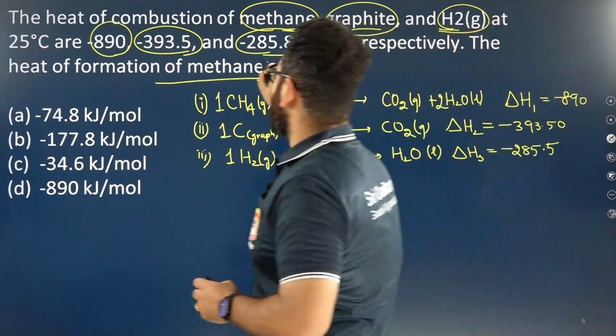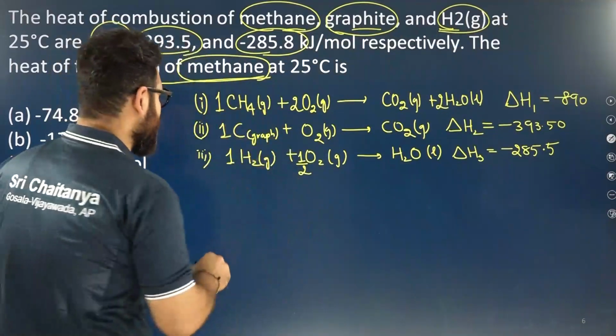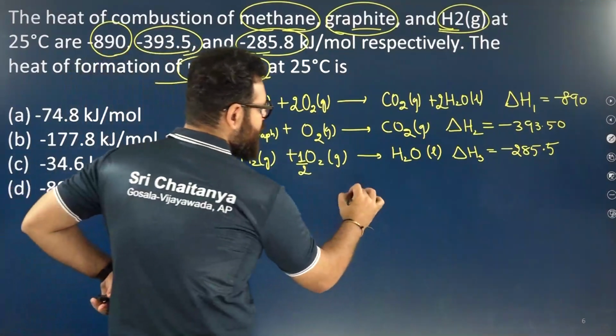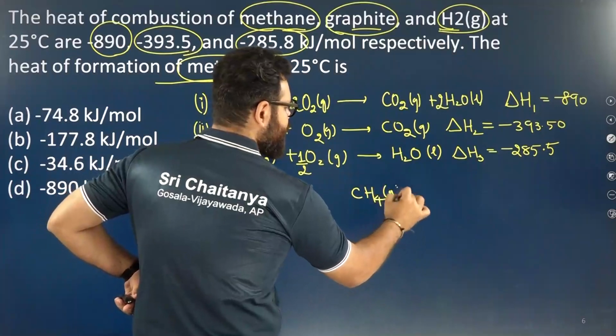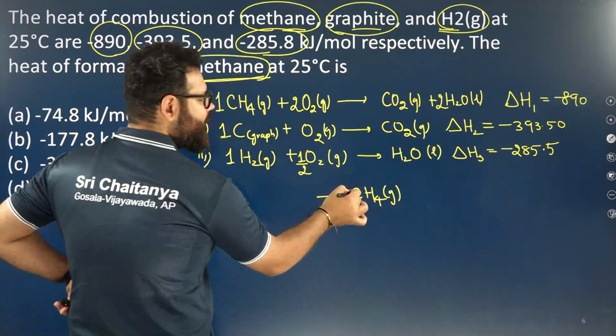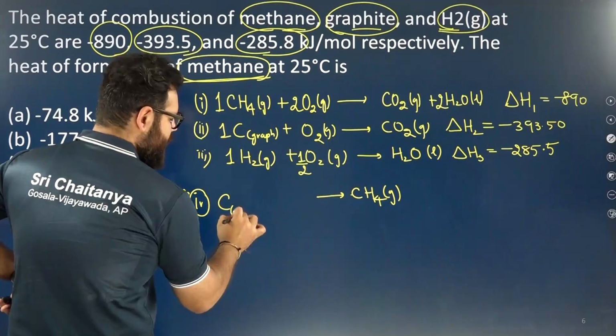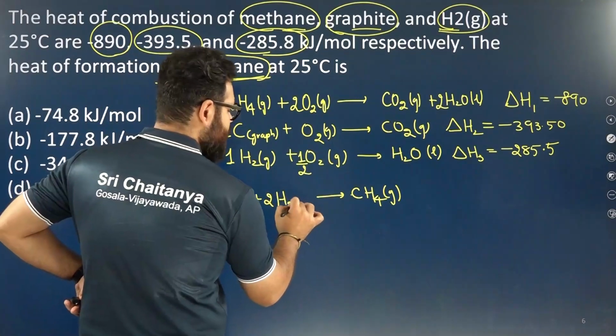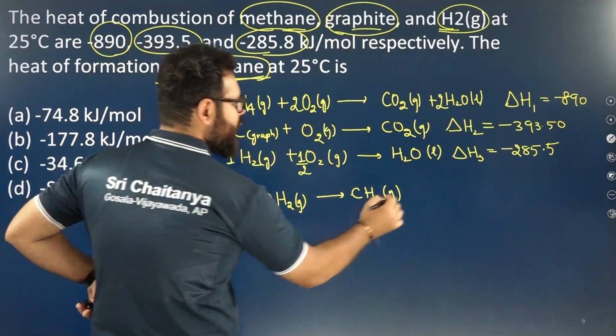Find the formation of methane. So I have to think of which reaction they are asking. How to do formation of methane? 1 mole of methane I have to form from graphite and hydrogen. So I'll take carbon, graphite, plus 2 moles of hydrogen gas. This is what they are asking.